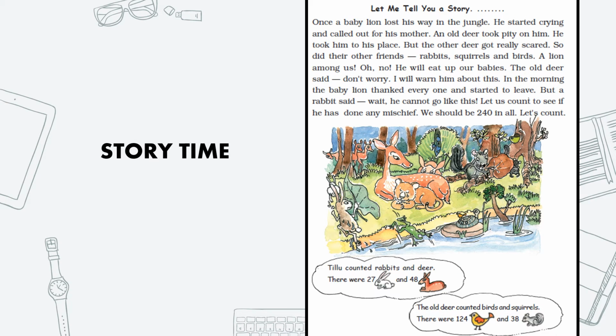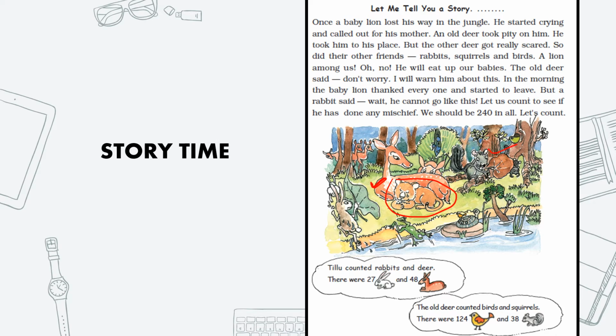So here we have a story. There was this baby lion who was very upset and lost, and he was looking out for his mother. So he was seen by a mama deer, and she just took him to her home, to her place. Obviously the place had many other animals as well.